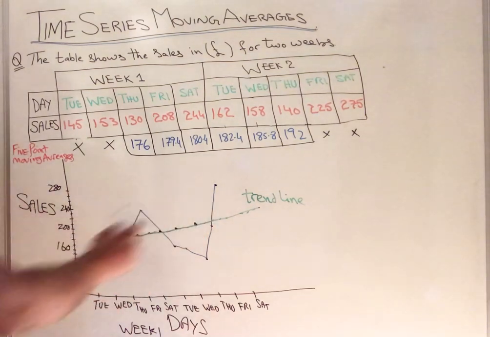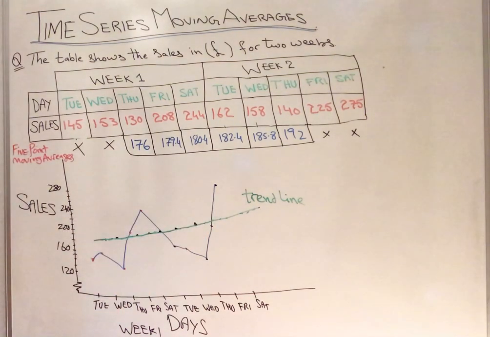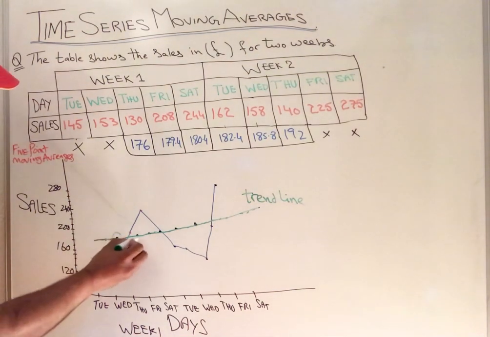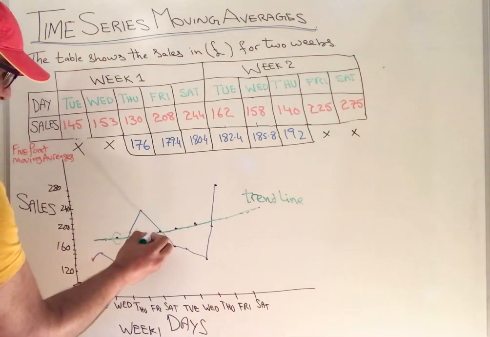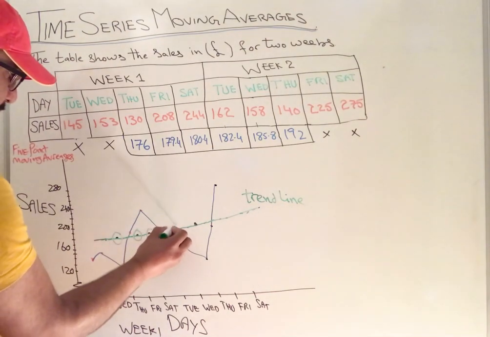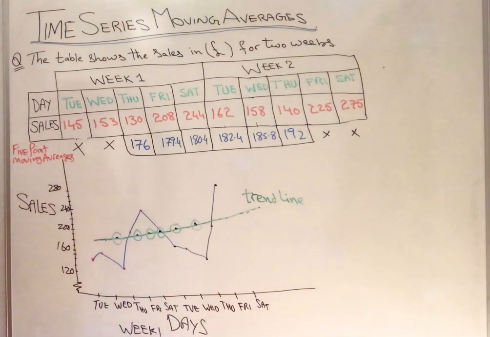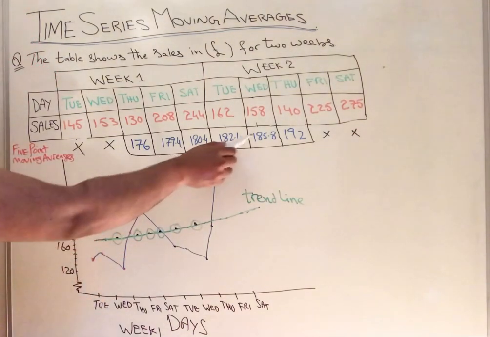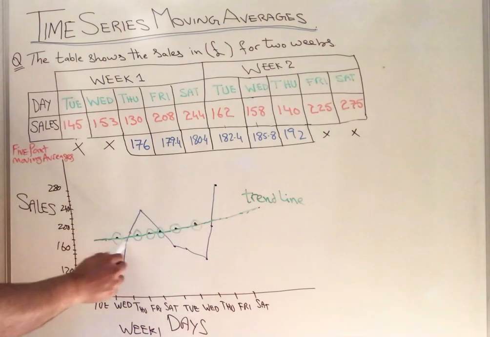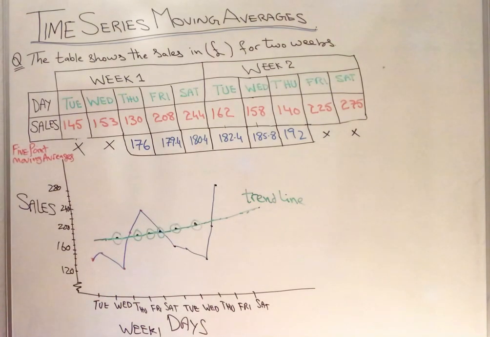We have done that one. So this is our moving averages points: 1, 2, 3, 4, 5, 6. These are our points of moving trend.